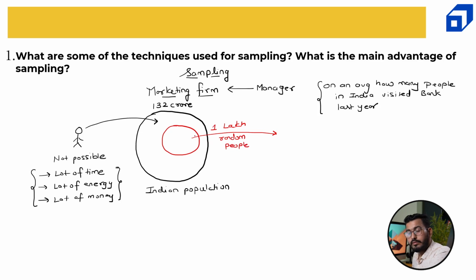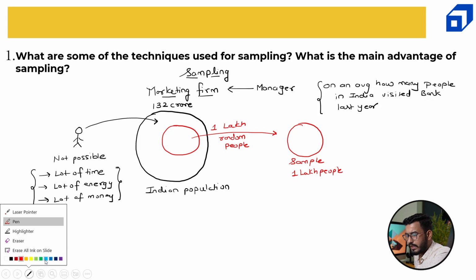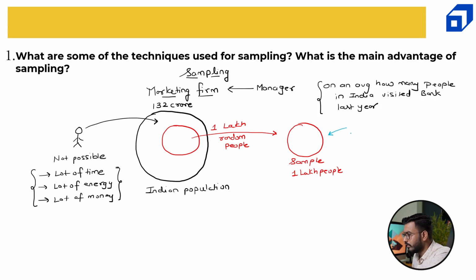And now on top of these 1 lakh people, we will perform the survey. So let's say this is my sample, and I'll call this as sample with 1 lakh people. Now this is where the actual usage of sampling comes into picture. Once you have the result, let's say the average came out to be 52%, which basically means out of these 1 lakh people, 52,000 people did visit the bank last year.